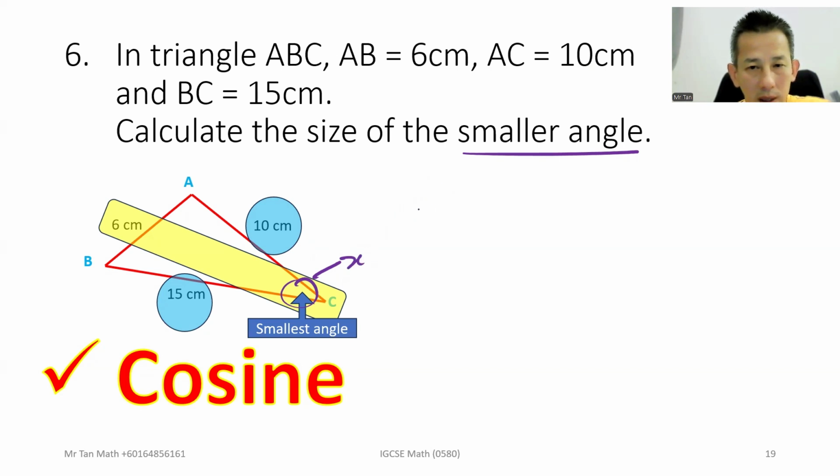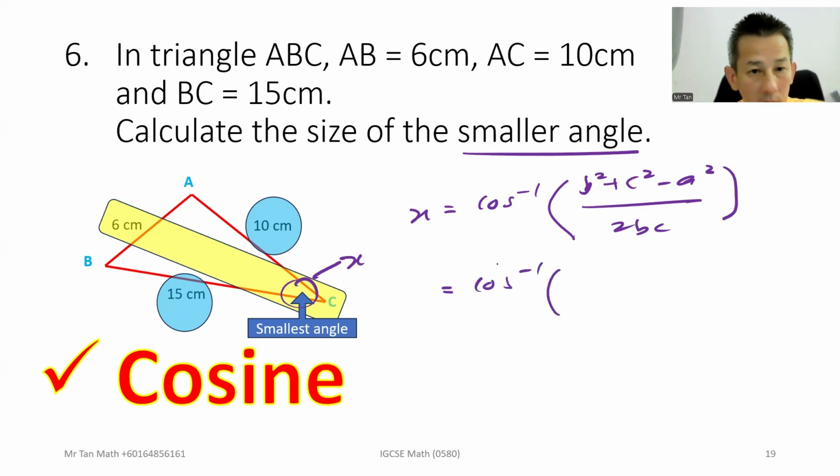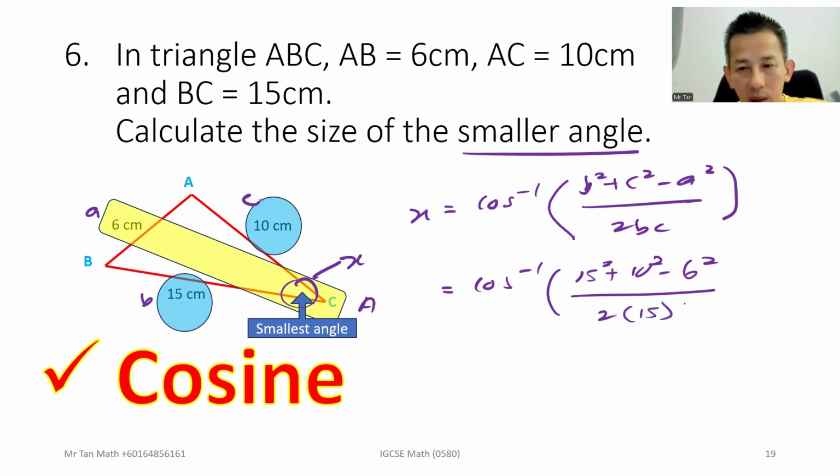So x equals cos inverse, since we want to find the angle, of b squared plus c squared minus a squared over 2bc. Just label this as a, b and c. So 15 squared plus 10 squared minus 6 squared over 2 times 15 times 10.